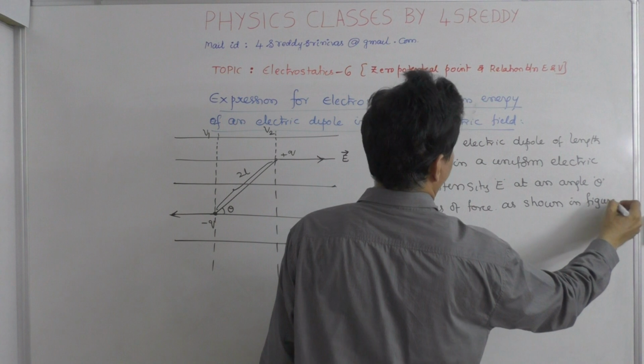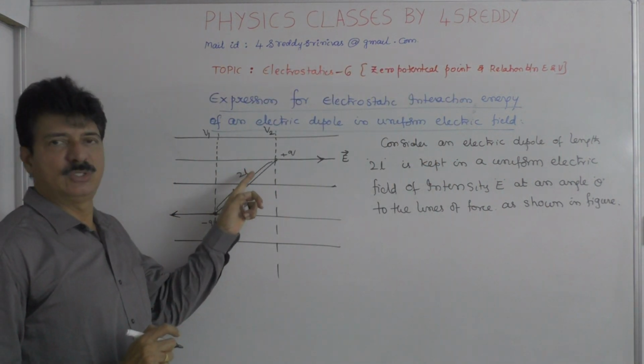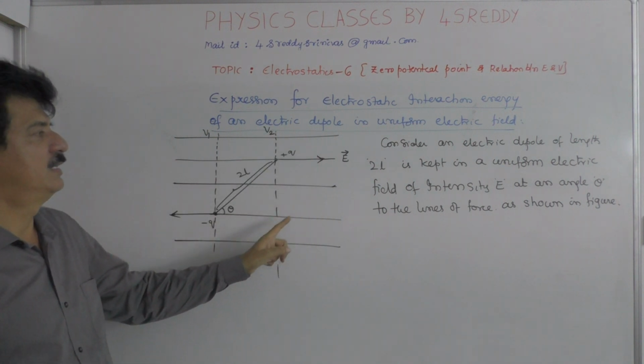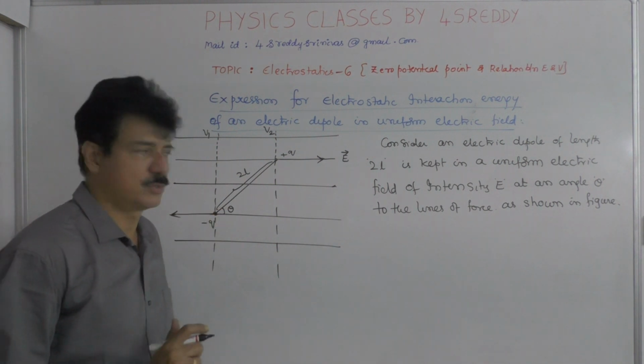This is the first thing we have assumed. So, this is an electric dipole of length 2L kept in a uniform electric field of intensity capital E at an angle theta to the lines of force.